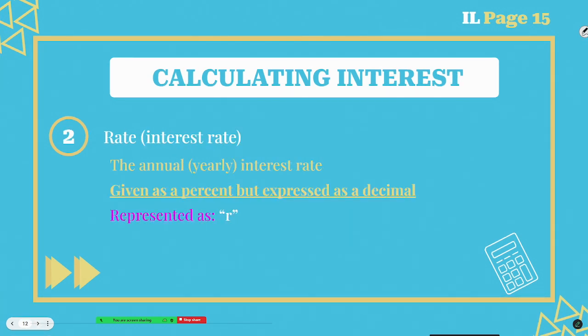The R, which is represented as a lowercase r, stands for rate, and that is the interest rate. It is the annual or yearly interest rate that a financial institution is giving you. They give it to you as a percentage, but it must be expressed as a decimal when you're working with it in the formula.